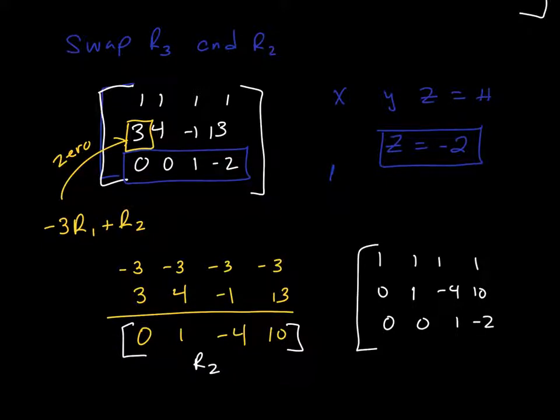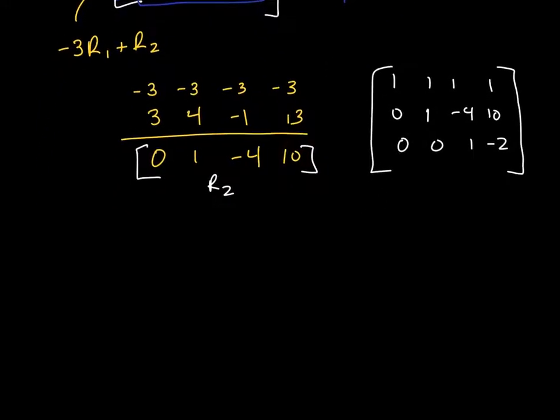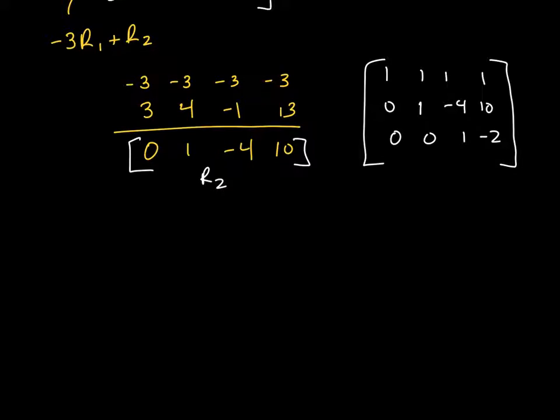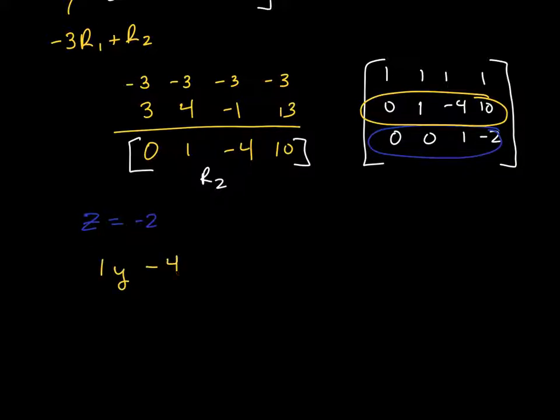And at this point in time, this isn't completely reduced row echelon form, but this is as far as we need to go to solve this matrix. So remember what we said before, that this last row gave us that z was equal to -2. So now I'm going to go back up into this row. This row gives us the equation 1y minus 4z is equal to 10.